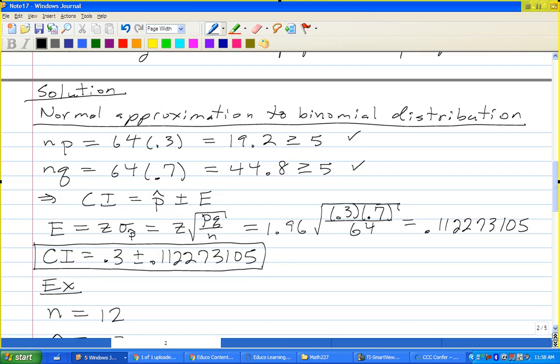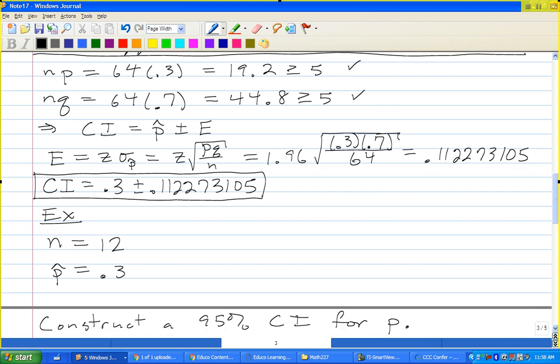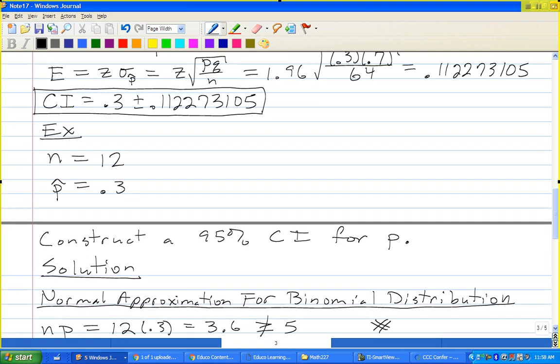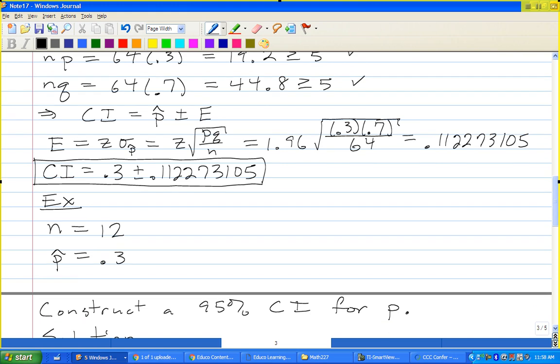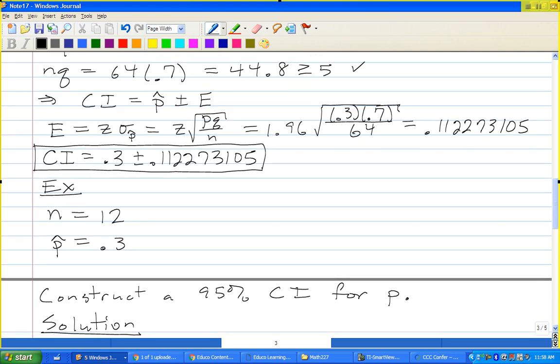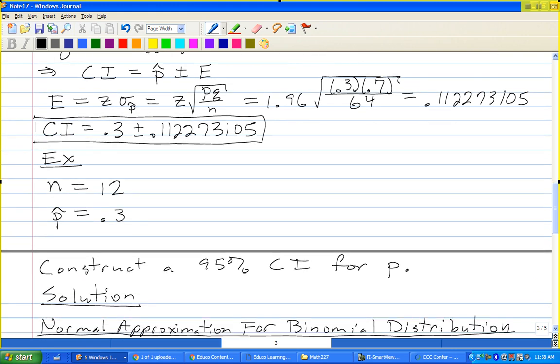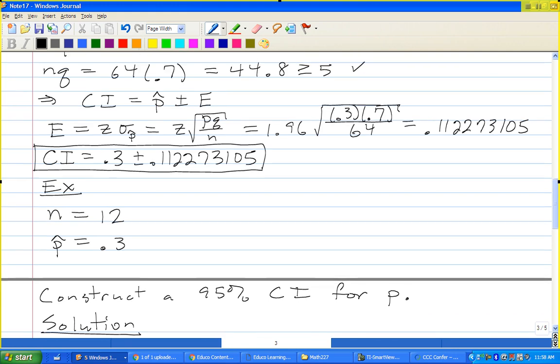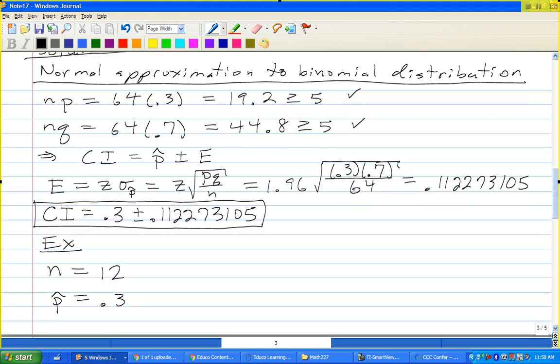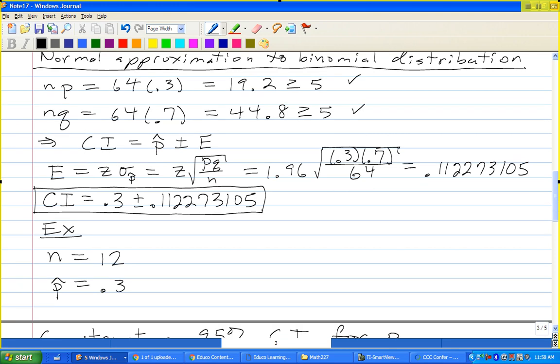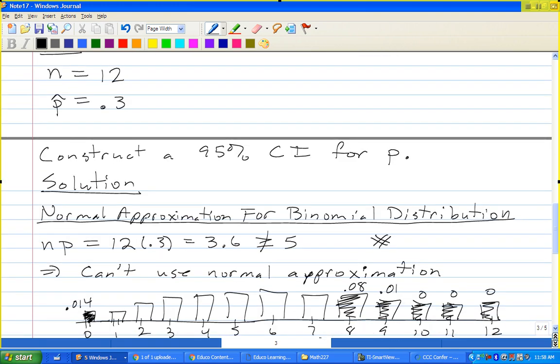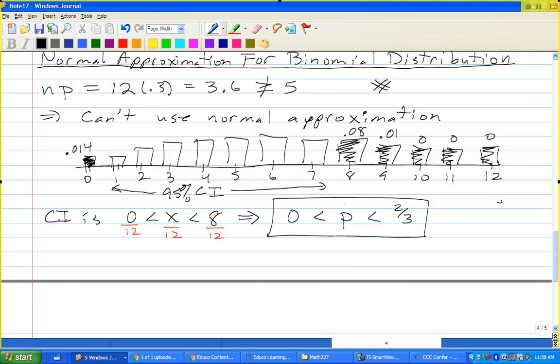Otherwise, we really can't. Actually, I did this without continuity correction. I should have done some continuity correction here. But the problem is that for confidence intervals, it's kind of hard to do continuity correction because there's errors on both sides.